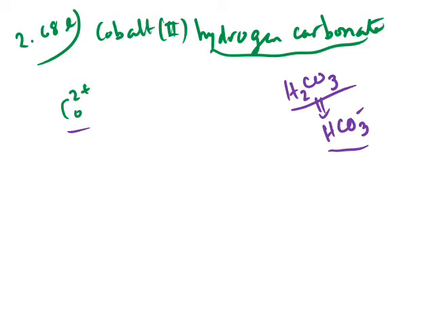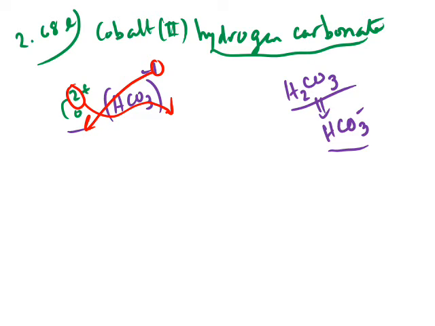So now I'm going to combine HCO3 minus with Co2+ and see what formula I get. So now you'd have HCO3, this whole thing would be minus. Minus means -1. Just like before, we're now going to write down the formula. The top number goes to the bottom of the other. So that goes to the bottom of this, 1 goes to the bottom of this.